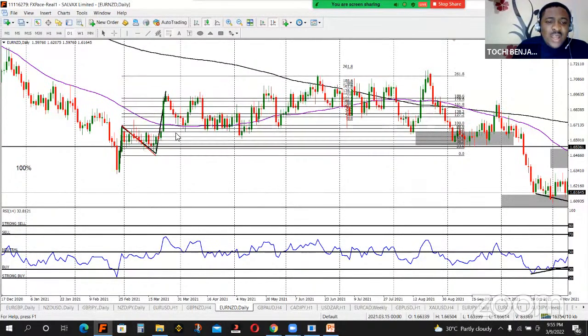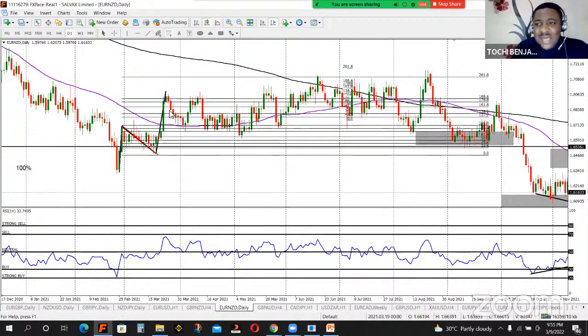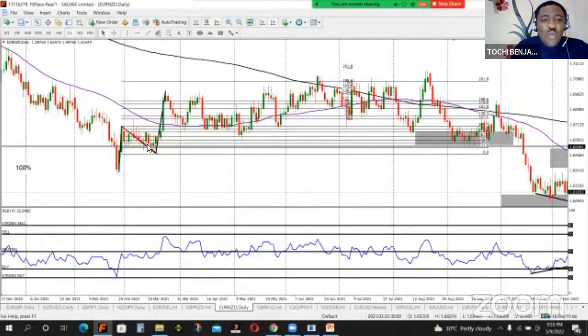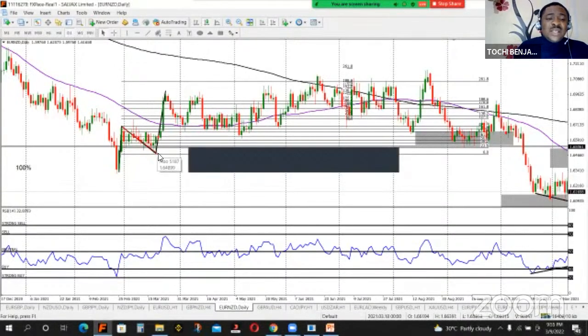Now this market did over 200% extension of the previous swing. So this is the extension. You can say, okay, when I am buying here, I want to buy to 161.8, which is the golden ratio. Fibonacci will tell you where 161.8 is.